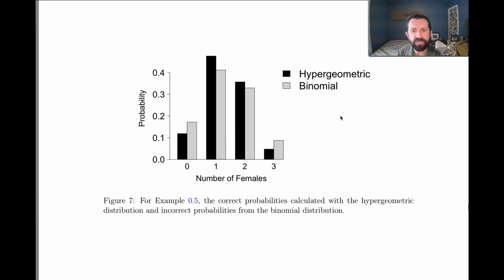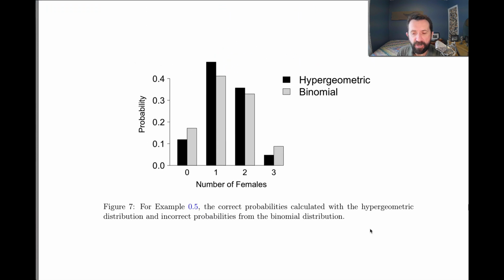If in this situation we calculate the probabilities for the number of females, we worked out the probability of 0 or 1 or 2 or 3, for all the possible values for a sample of size 3. And what do we notice? Like I was saying earlier, the probability of getting an extreme like 3 or 0 is lower under the hypergeometric distribution.